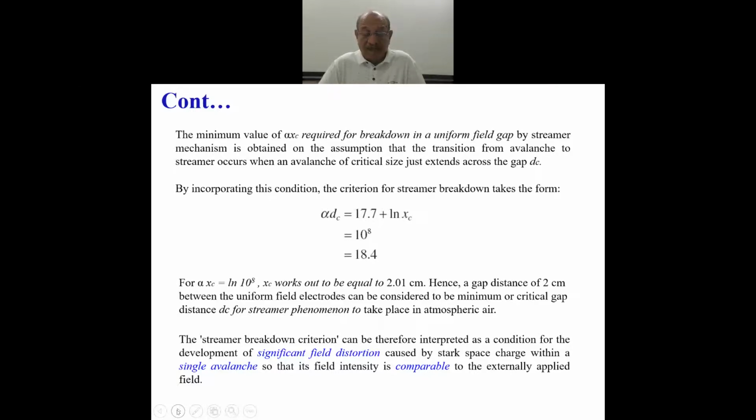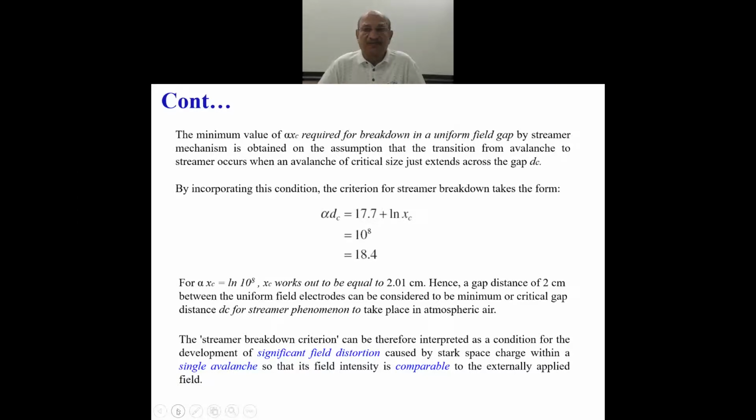Hence, a gap distance of 2 centimeters between the uniform field electrodes can be considered to be the minimum or critical gap distance dc for the streamer phenomenon to take place in atmospheric air.